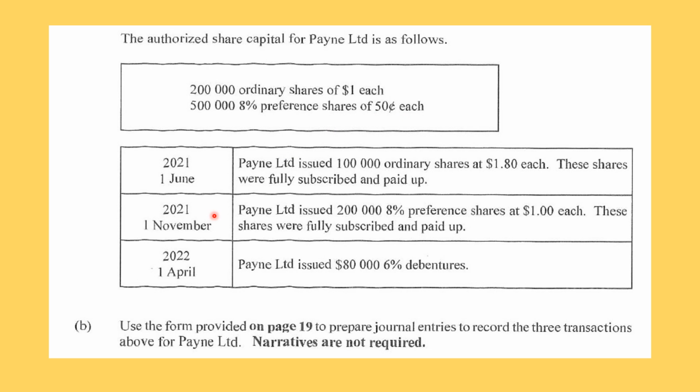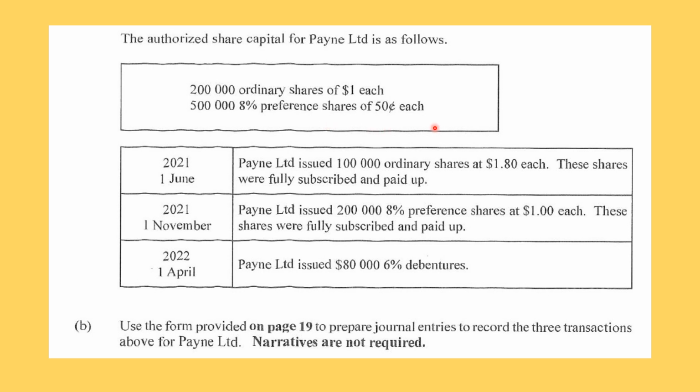Part B. The authorized share capital for Payne Limited is as follows, and we are given two types of shares here as the authorized capital: 200,000 ordinary shares, the par value is $1 each, and 500,000 8% preference shares of 50 cents each.